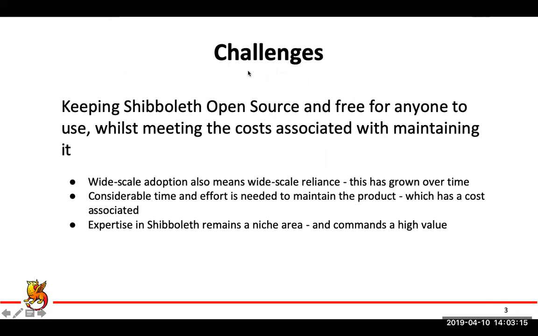From the consortium and the Shibboleth project's perspective, the software is open source, free for anyone to download and use, and we've got absolutely no desires or intentions to make a change to that. So our main challenge is being able to keep that free for anyone to use whilst meeting the costs associated with maintaining it.